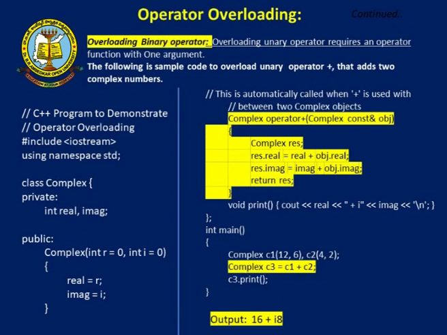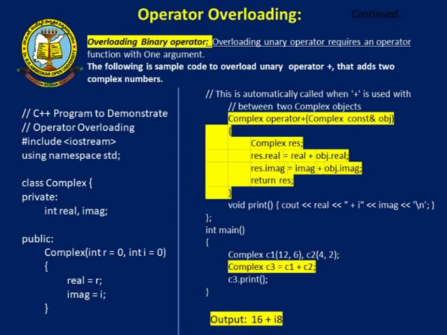See, in this code we have a class named complex, with two private data members. The private data members are real and imaginary, so real and imaginary parts. Real is integer type and imaginary is also integer type. And we also have a public member function. It is actually a constructor. Complex is a constructor.